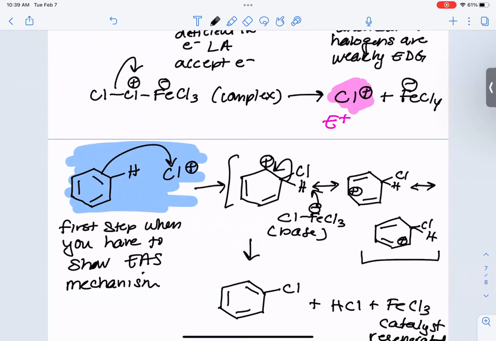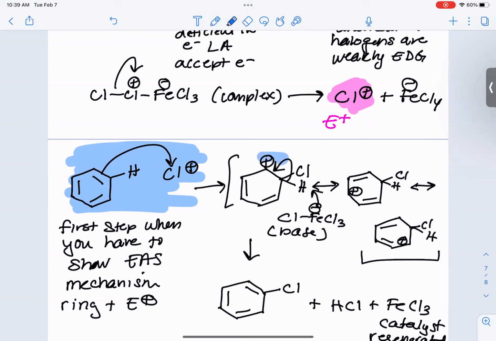The ring and the electrophile. Understand that ring is going to get more complicated. We're going to put substituents on that ring and we're going to use aromatic heterocycles. But whatever the EAS mechanism is, the first step is that ring and the electrophile.